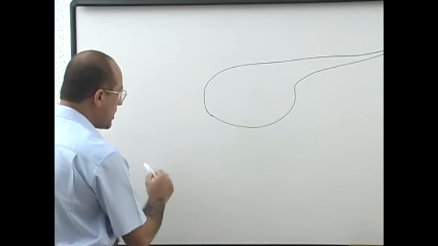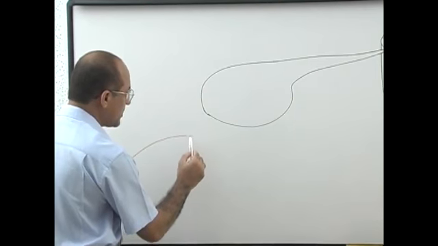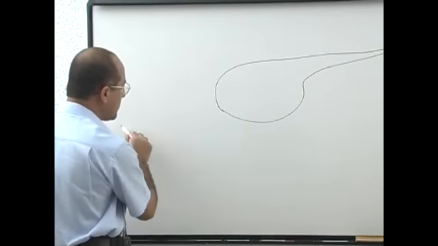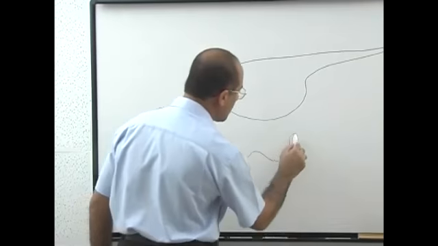Let's suppose I draw a muscle cell here. This is a muscle cell, and where the muscle cell comes near the nerve ending, it makes multiple folds.